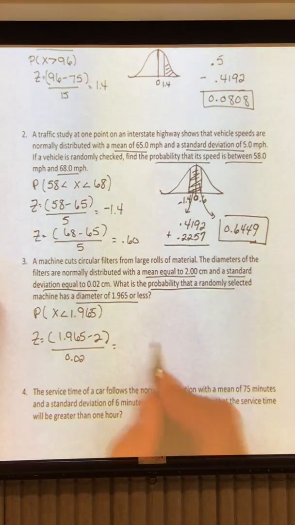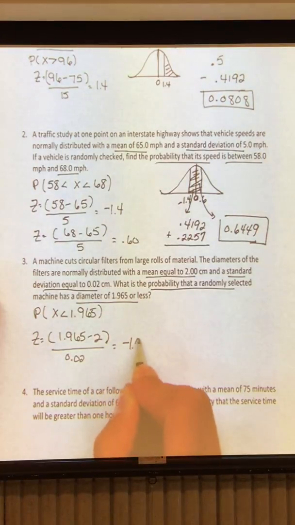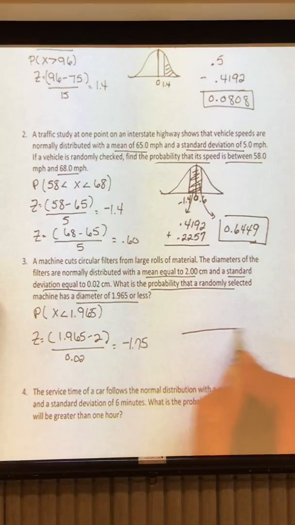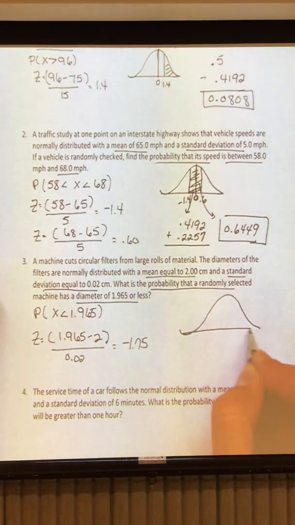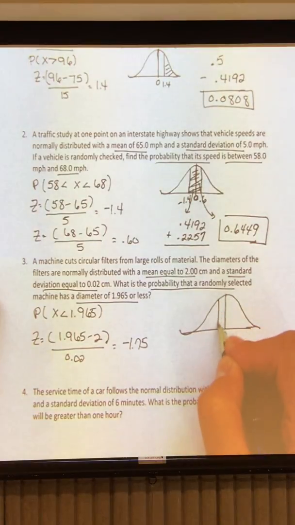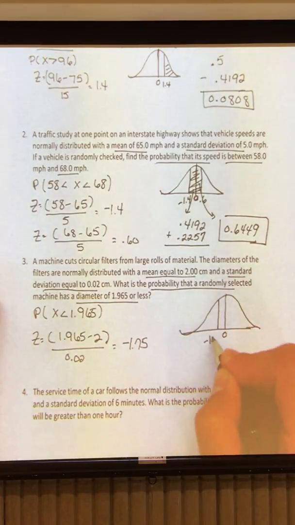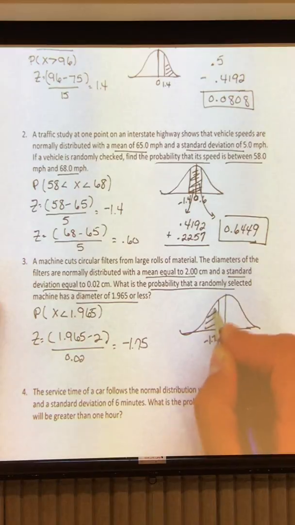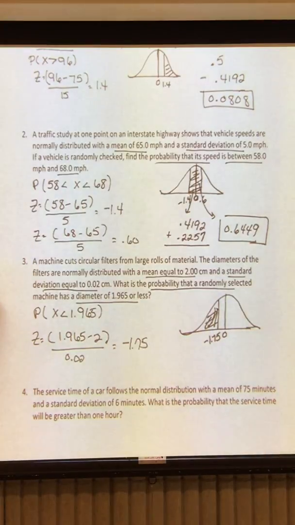Calculating this, you have the z-score of negative 1.75. So drawing your curve, your mean is now in the middle, which is 0. Negative 1.75 is to the left, and you want less than, which is all this area to the left.